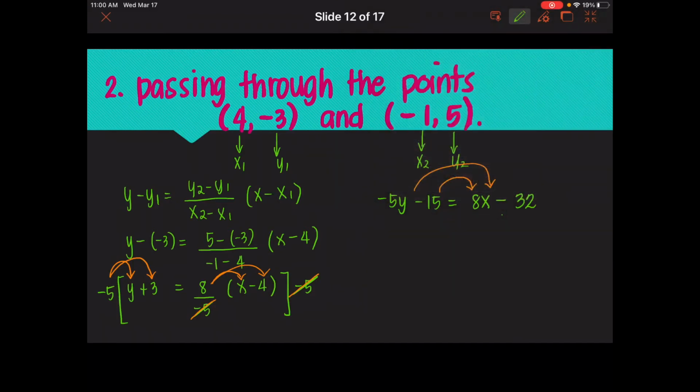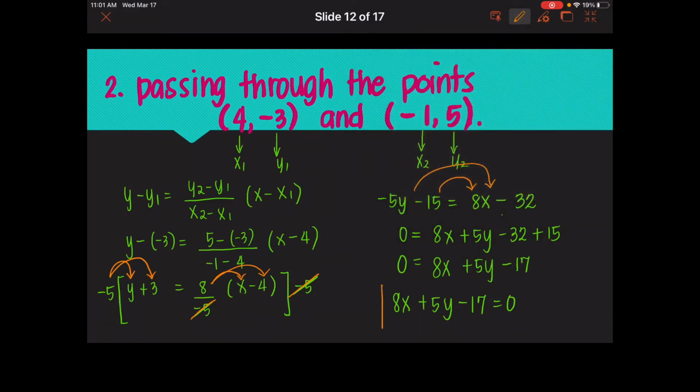So my equation now will become 0 equals 8x plus 5y minus 32 plus 15, which is equal to 8x plus 5y. Negative 32 minus 15 is negative 17. So equals 0. Then we'll just use the symmetric property of equality. So 8x plus 5y minus 17 is equal to 0. So this will be my final answer.